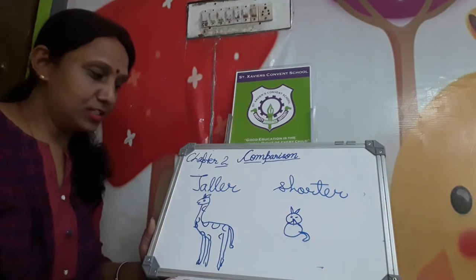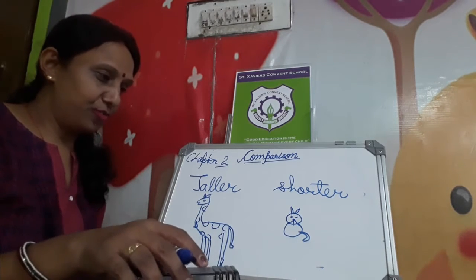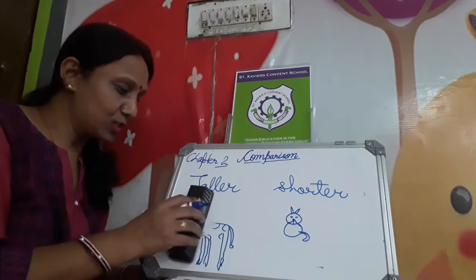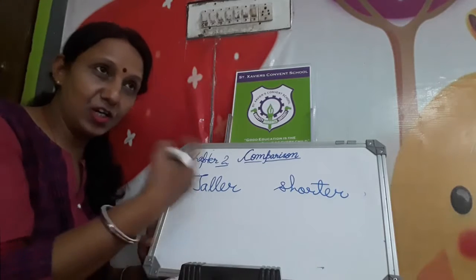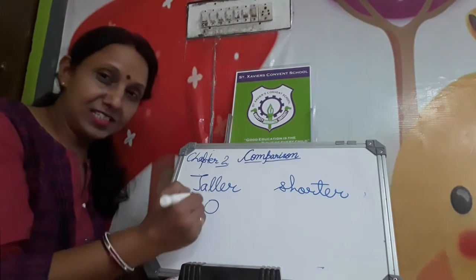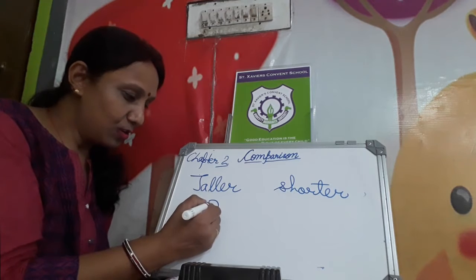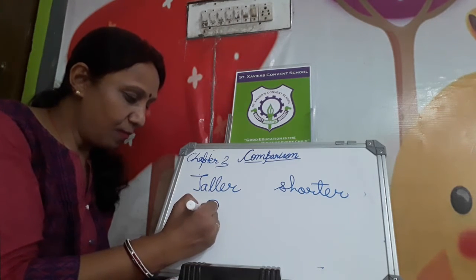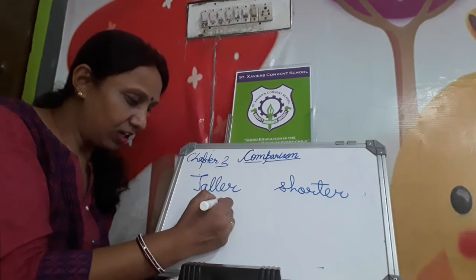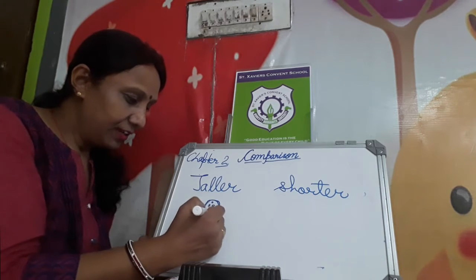And here I can show some pictures of yours and your mama also. So here you can see your mother standing near you. Here you can see that your mama is taller than you.